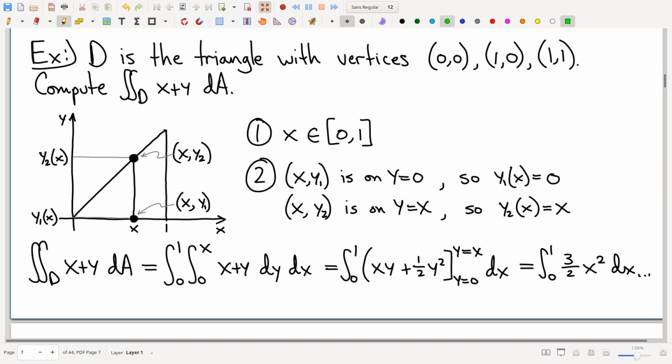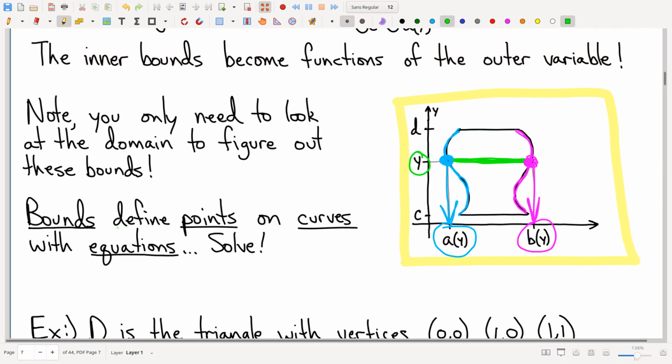Now, I'm going to fix a value of x. I'm going to follow the pattern in this diagram here. For a given value of my outside variable, starting with the starting point, I'm going to identify the relevant point. That point is on a certain curve. That curve will have some equation.